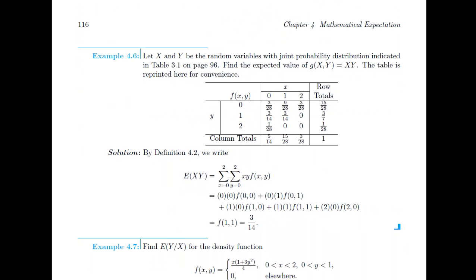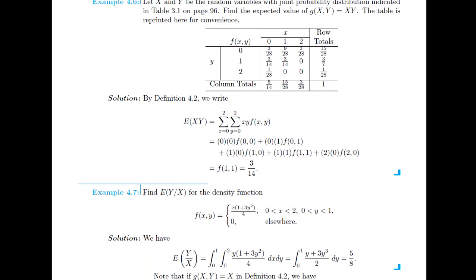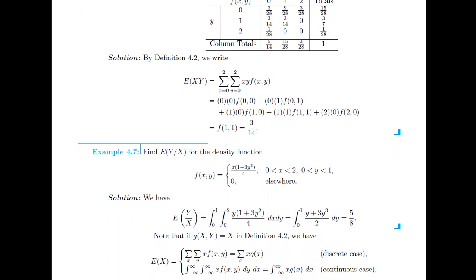For example, let X and Y be random variables with joint probability distribution indicated in the following table. Find the expected value of g(X,Y) = XY. The table is reprinted here for convenience. The expected value of XY equals 3/14.